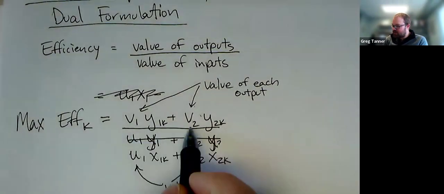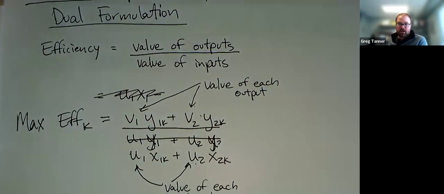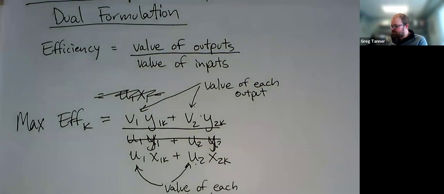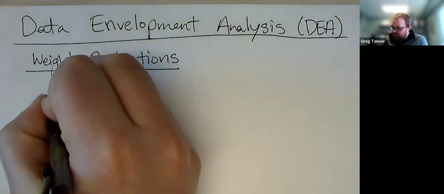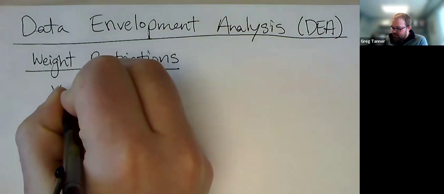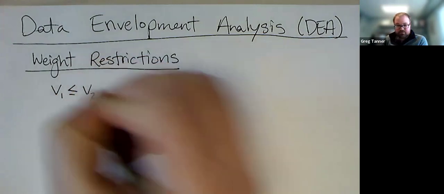Okay, what we want to do is essentially put limits on the relative value of either our inputs or our outputs. And so we might say that one of our outputs is more important than one of our other outputs. And so we might want to say that V1 is not as important as V2.